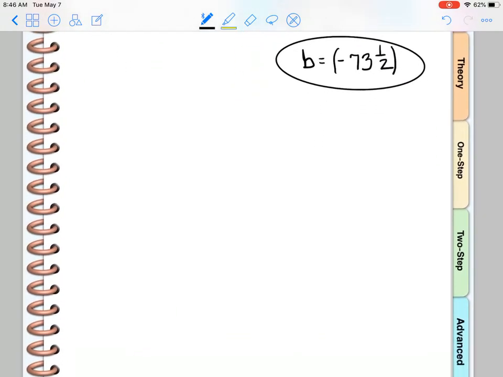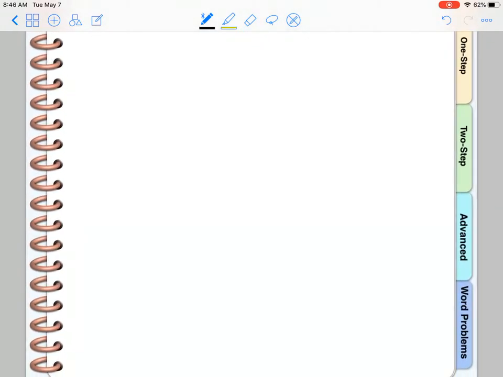Okay, the last one of these is negative 4/8 Z equals negative 196.3. So we're going to have to draw the frame.